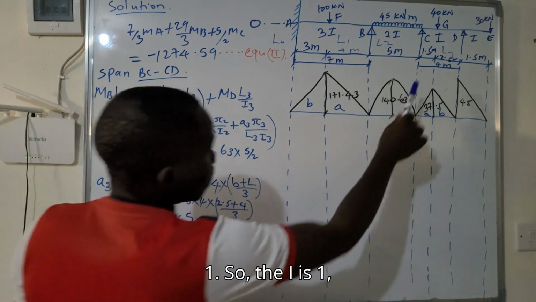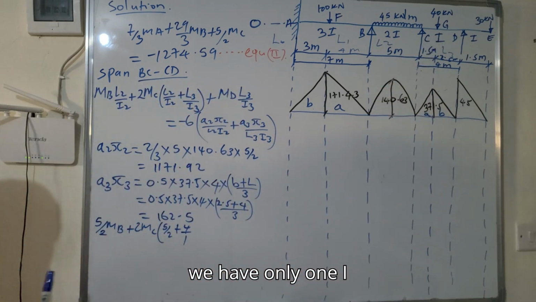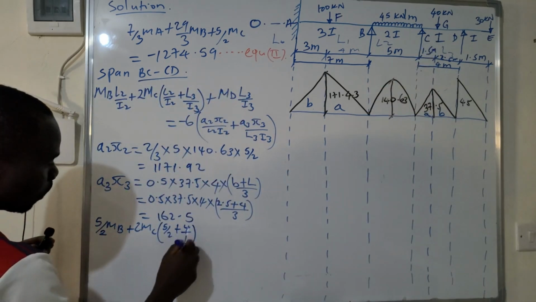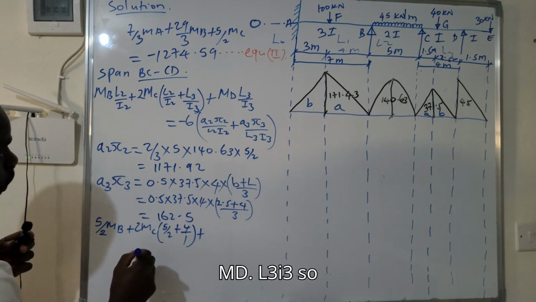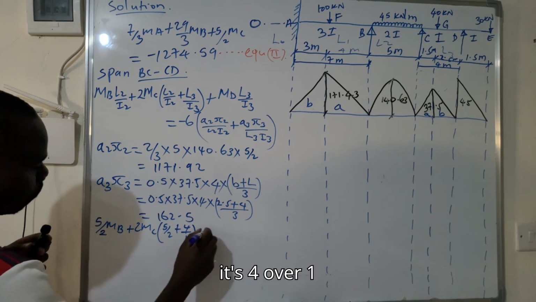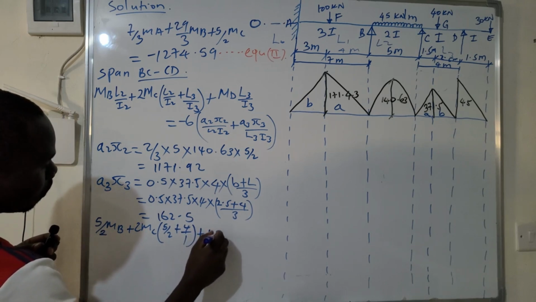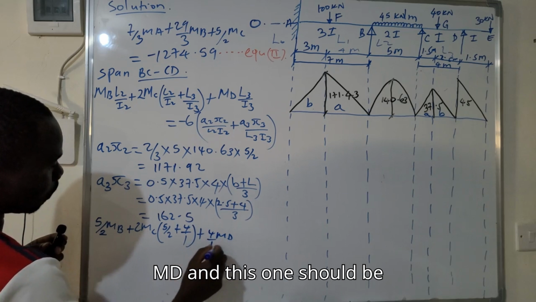So the I is 1, we have only one I. Plus MD L3 I3, so it's 4 over 1 MD.